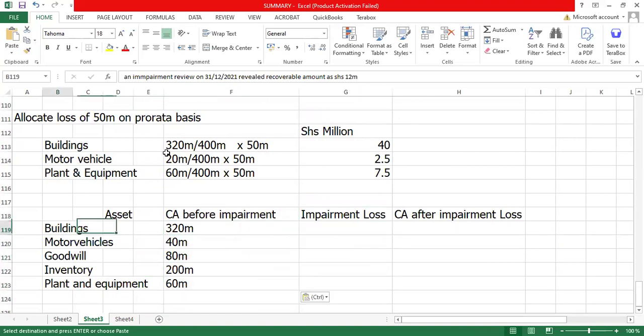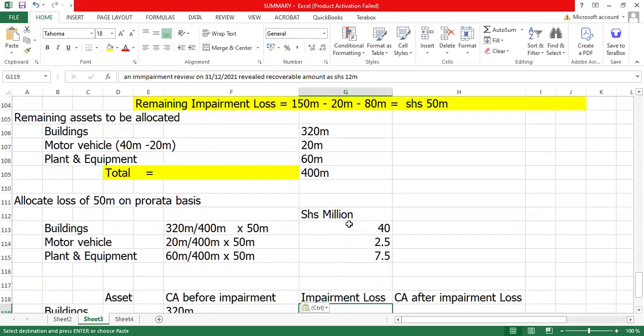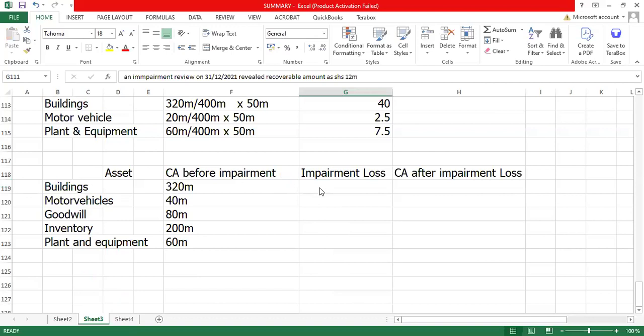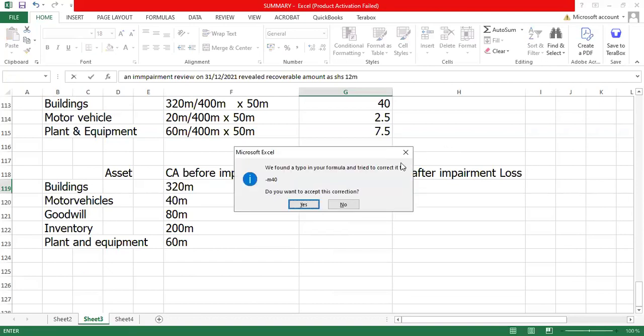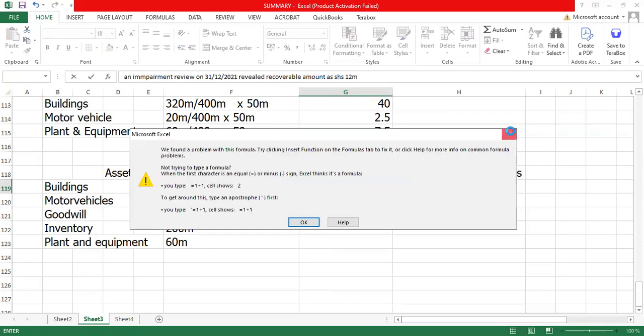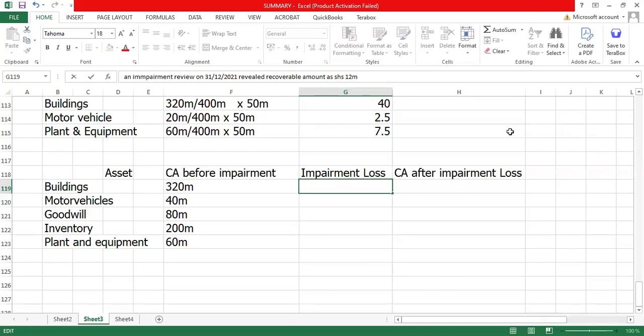Then what is the impairment loss for the building? This is your impairment loss for each. So for building, it is 40, isn't it? So you put that 40 million in bracket.